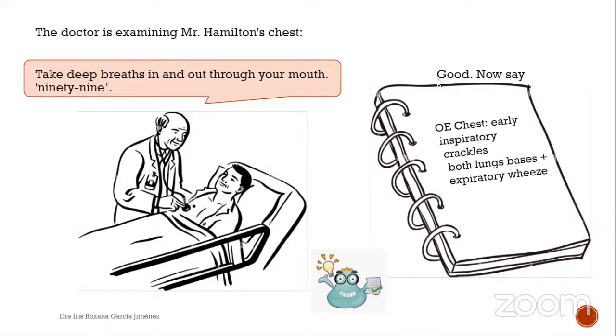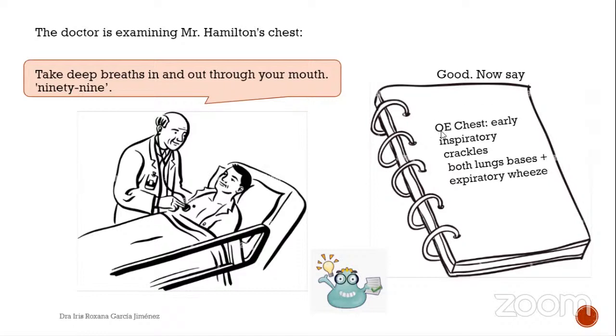While writing down our notes, in the medical history, in the report, we only go to the point. I mean, we only write down the positive findings. On exam is the meaning of OE.